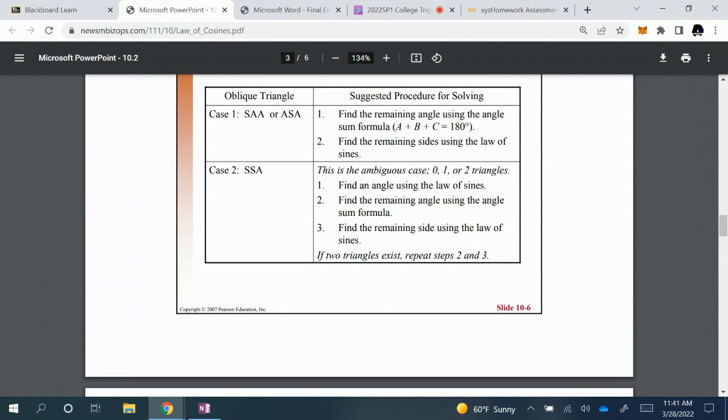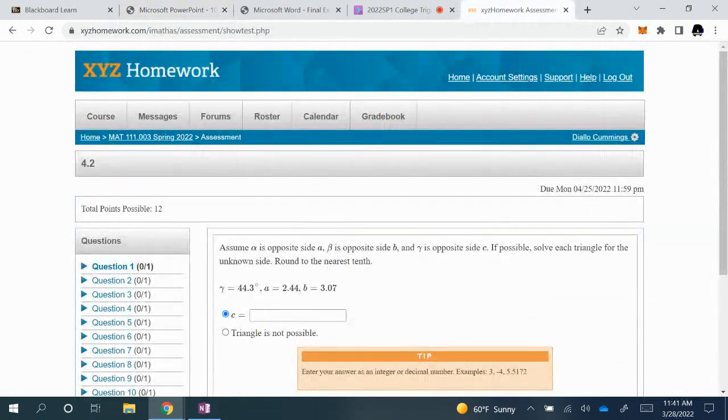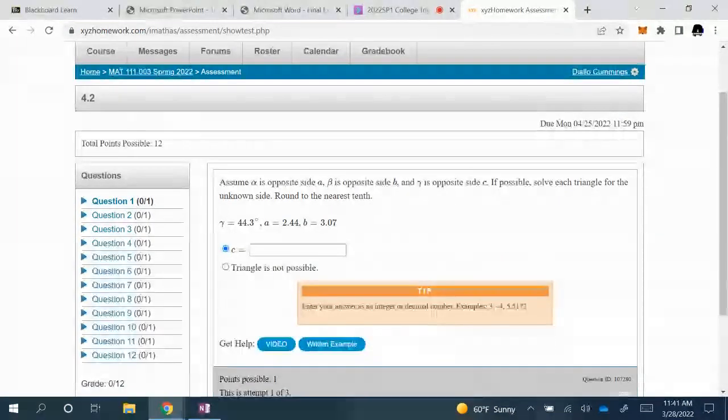All right, so now I'm going to go back to XYZ and we're going to take a look at number 1. It says assume that alpha is opposite side A, beta is opposite side B, and gamma is opposite side C. If possible, solve each triangle for the unknown side, and we want to round to the nearest tenths.